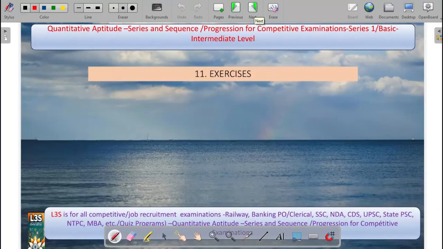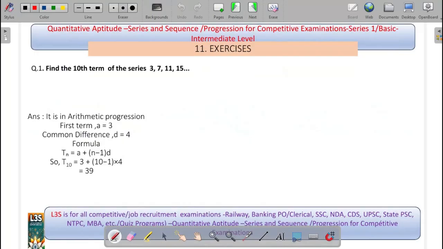Now we'll discuss exercises. Find the 10th term of the series 3, 7, 11, 15. We have to find the 10th term. It's very easy. a is equal to 3, d is equal to 7 minus 3, which is 4. It is the same, 11 minus 7 is also 4. And n is equal to 10.